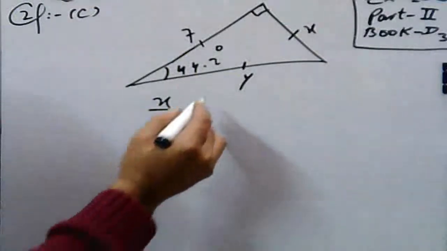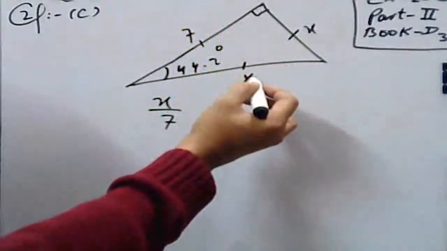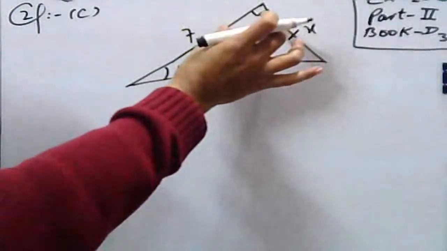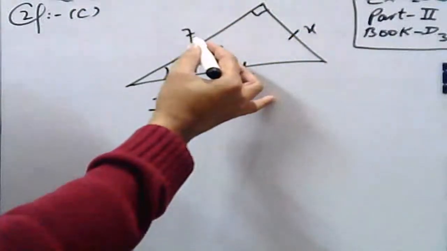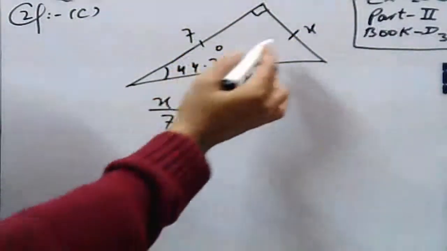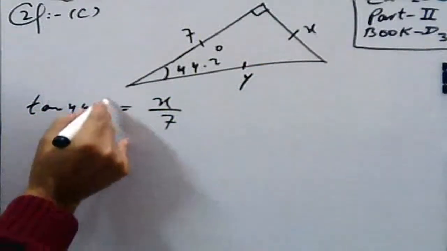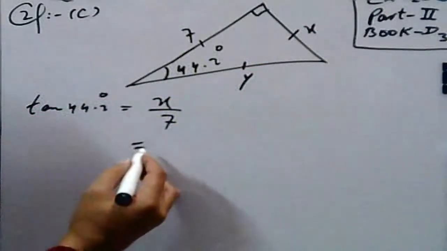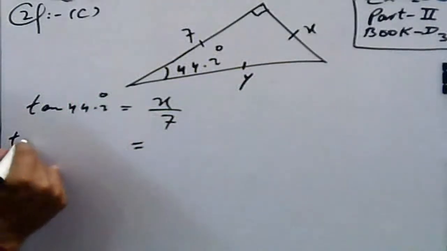So when you take this angle, in front of it is your opposite side, which is known as perpendicular. Here is your perpendicular, that is your adjacent, that is your hypotenuse. So we take this ratio, perpendicular by adjacent, that is known as tan.